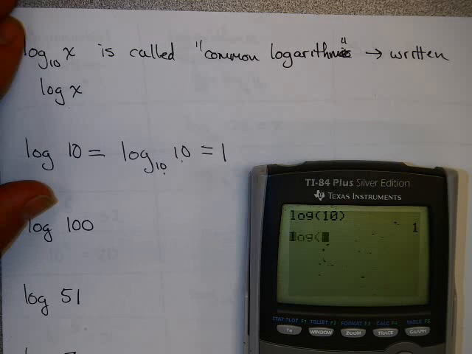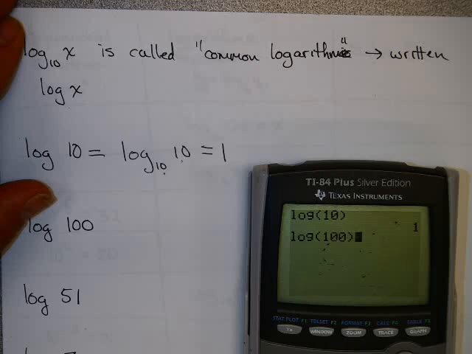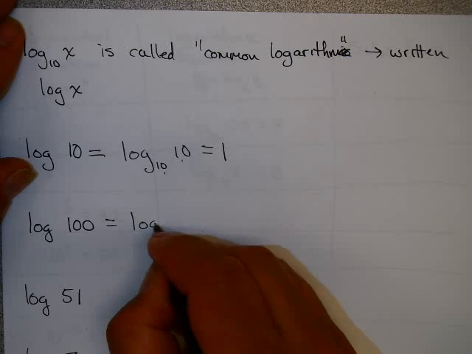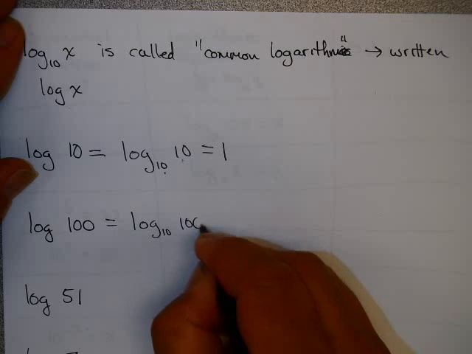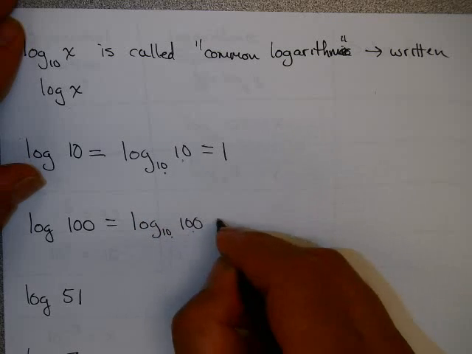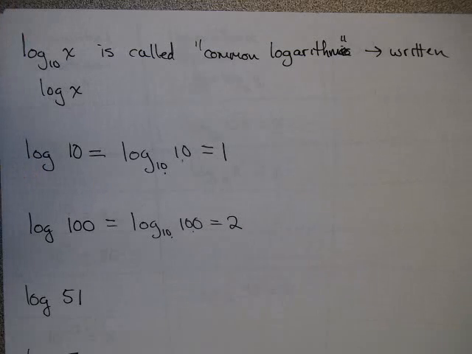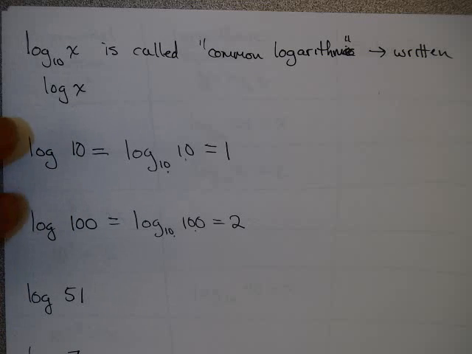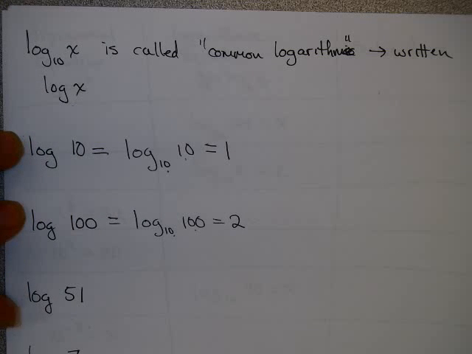Let's look at another one. Log 100, if I do that on my calculator, gives me the answer 2. So that's log base 10 of 100. And what power do I raise 10 to get 100? That's 2. But not everything is a power of 10. These two are a power of 10. You could have done these in your head without the calculator.